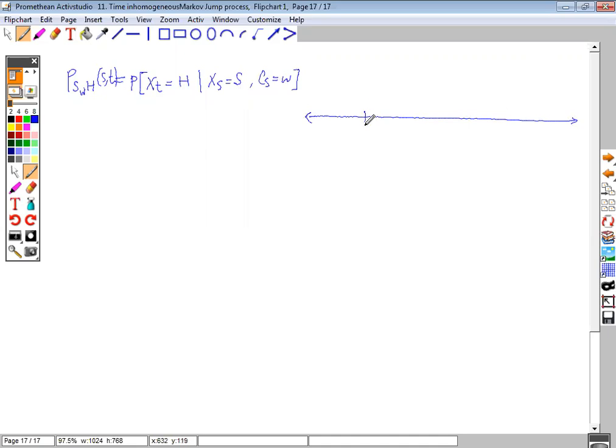Okay, so we have S, we have T. At S, I am in sick state. At T, I find myself in healthy state. And I know that I have been sick for W amount of time. So if I write S minus W here, I can write S here. Or maybe what would be more appropriate is to just say that I am in sick state for this interval.